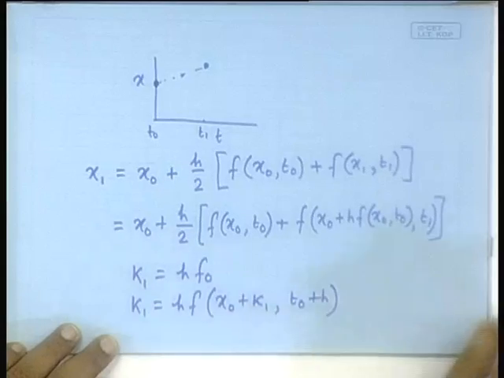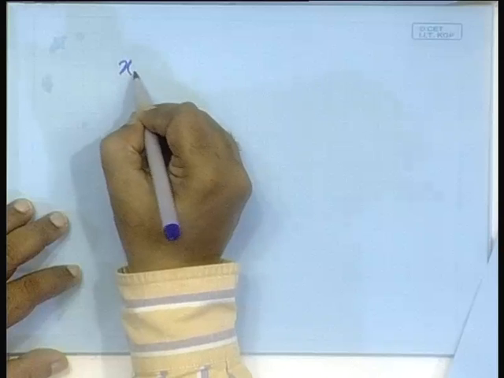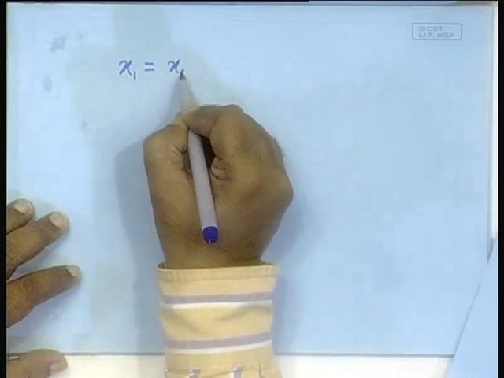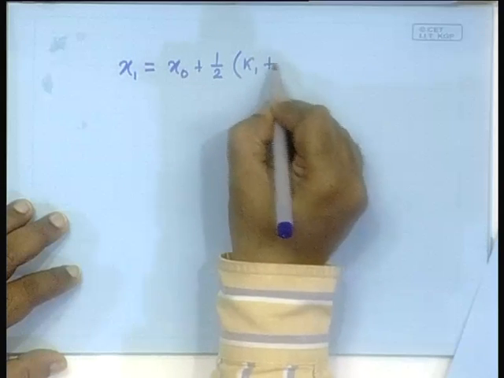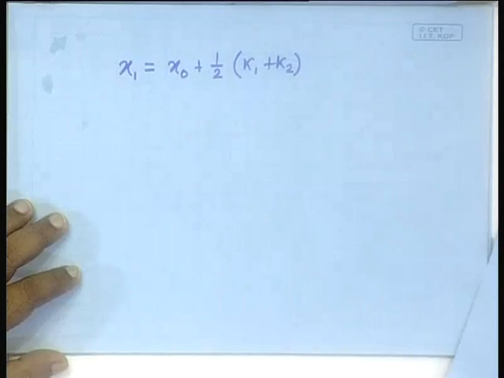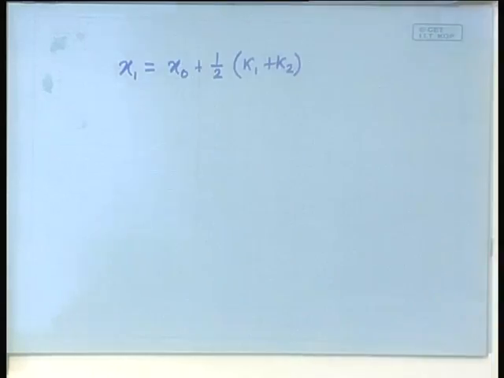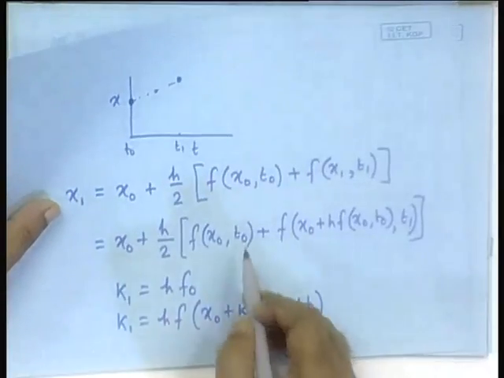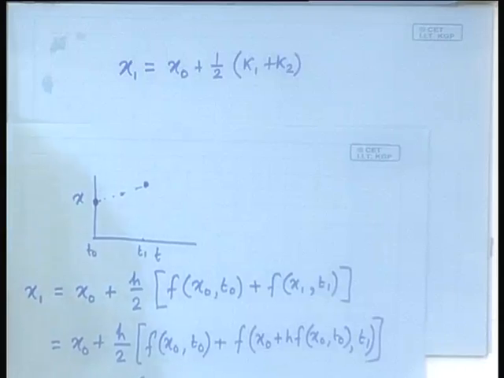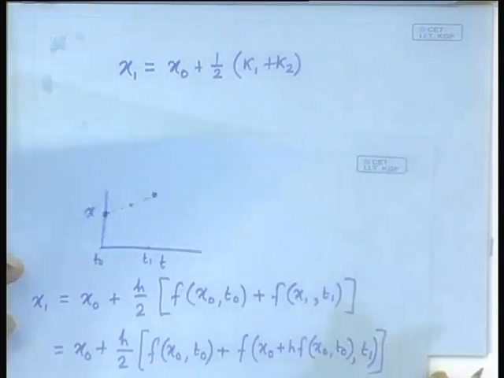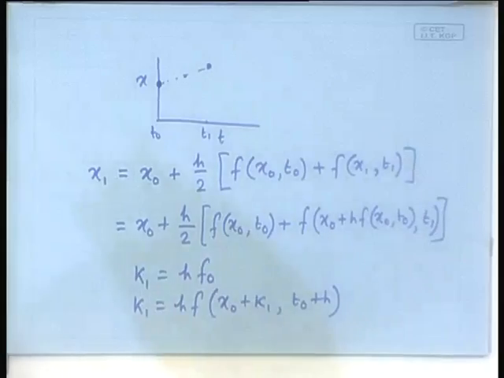If you define these, then we can simply write x1 is equal to x naught plus half k1 plus k2. So, this term is k1, this term is k2. So, we have x naught plus half k1 plus k2. Okay. So, then this is the next step of better approximation.